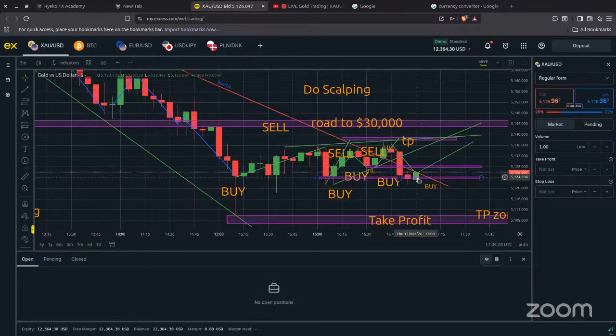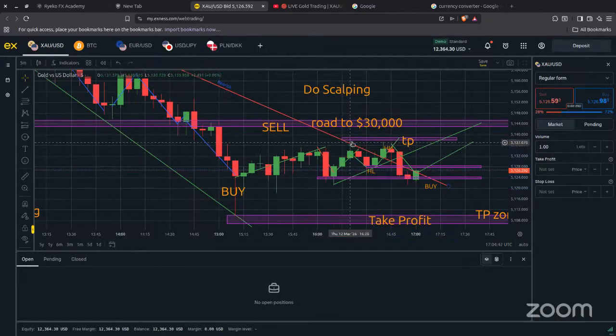Because nothing has closed below here. If it closes up, you will see it go up. Check your USD strokes here. Now to make it easier, let me do something crazy.